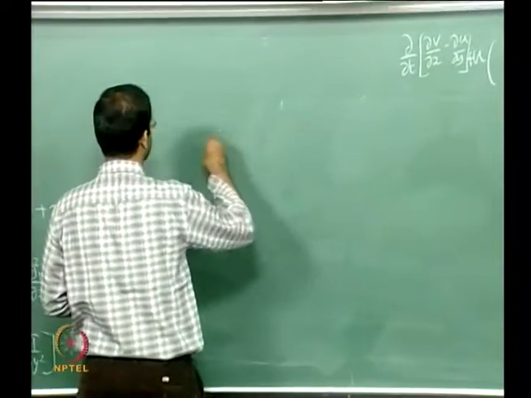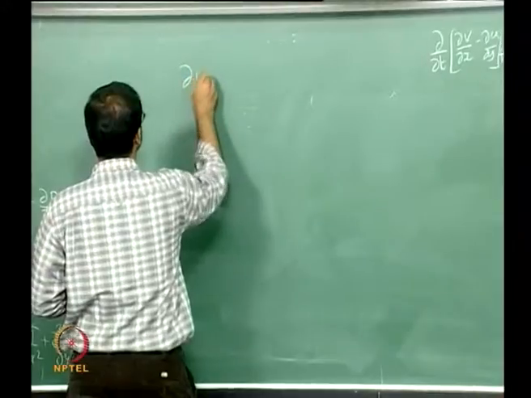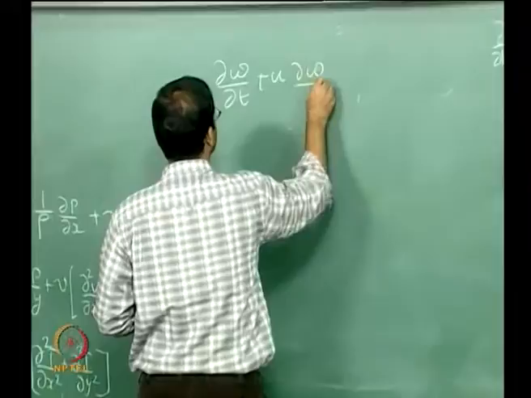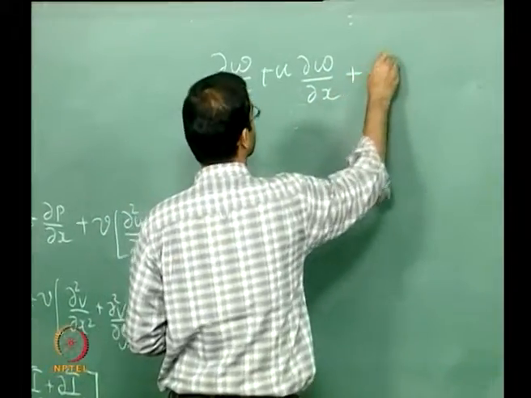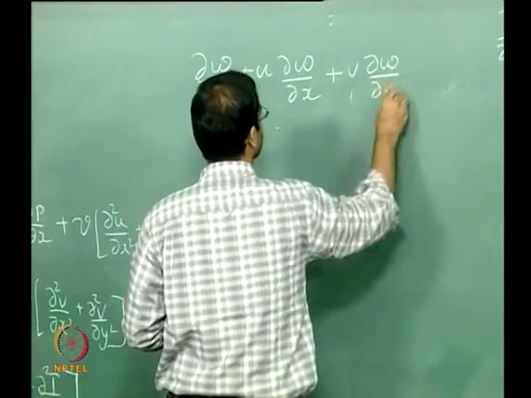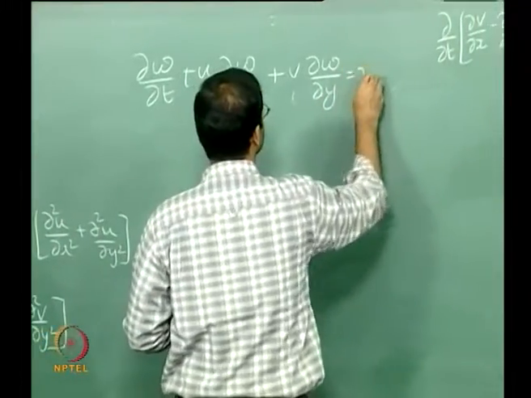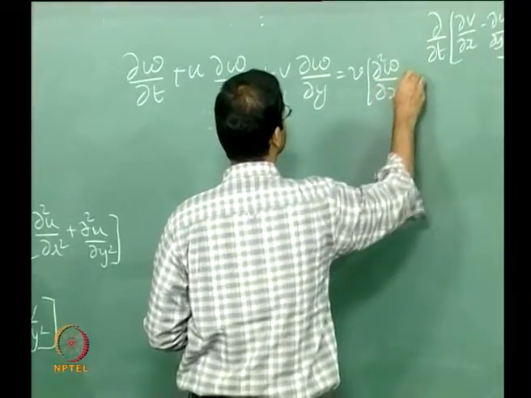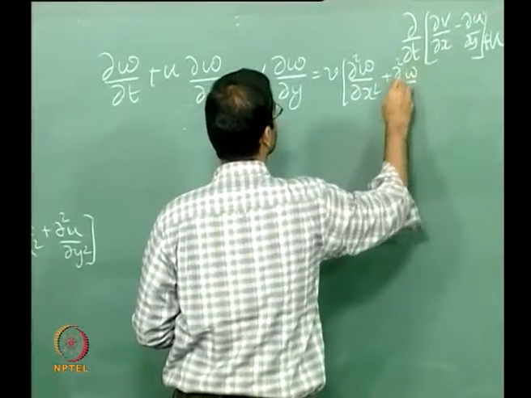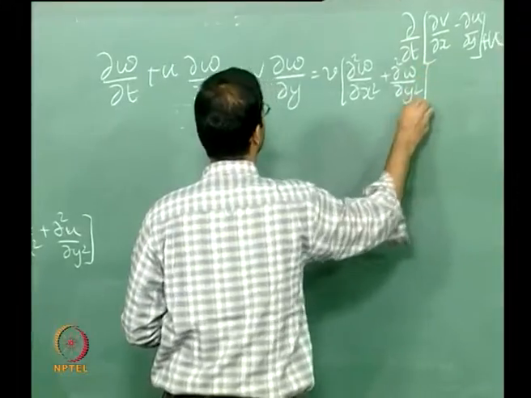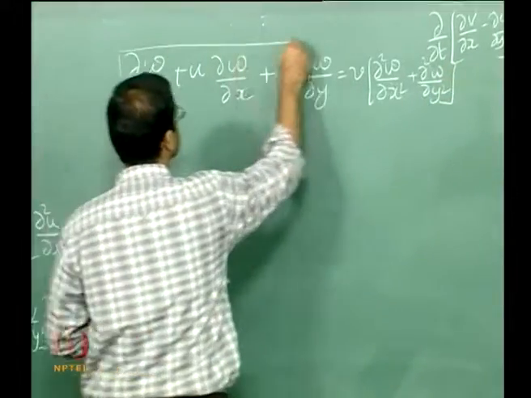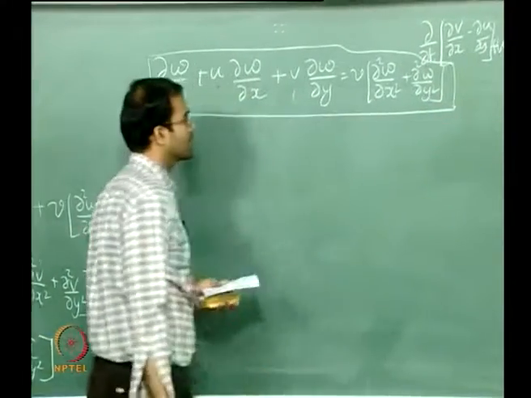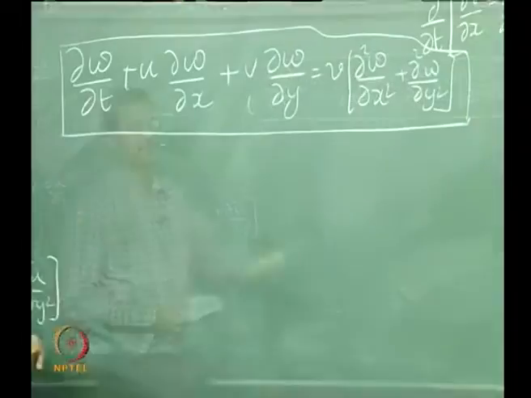Therefore I am going to substitute in terms of vorticity, so this will be d omega by dt plus u d omega by dx plus v d omega by dy should be equal to nu into, so this is my governing equation for vorticity, or you can also say that this is the vorticity conservation equation.